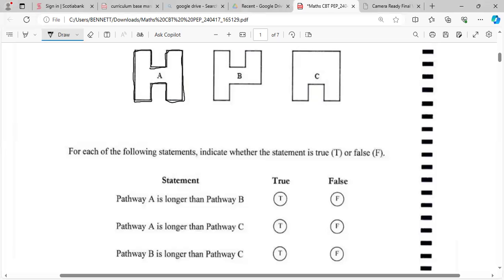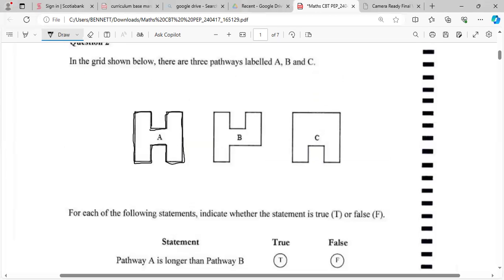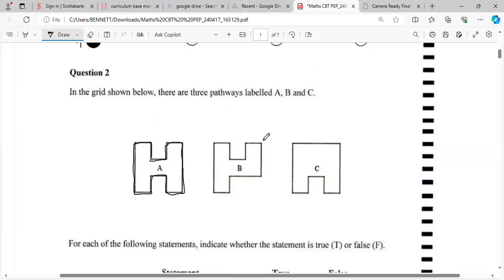Let me go up here. But then I said it couldn't be that. It said in the grid below there are 3 pathways labeled A, B, and C. So I'm thinking the pathway is all the way around. So that's my interpretation of it. That's why I was asking you guys if that's what you are interpreting as well.